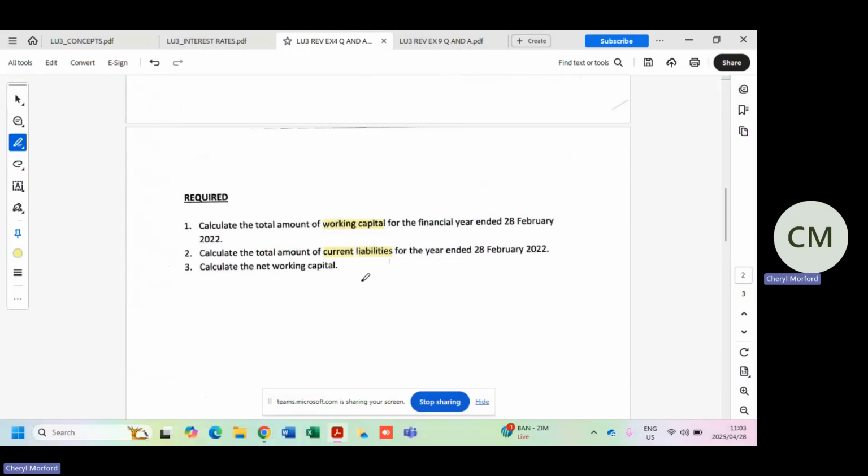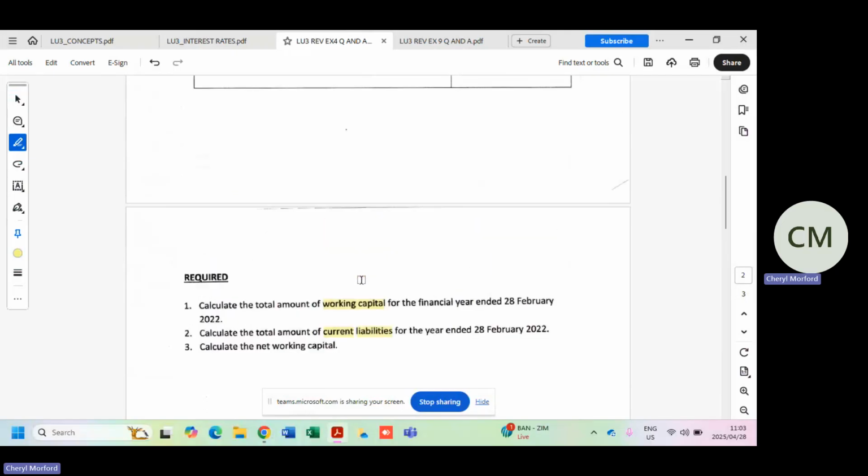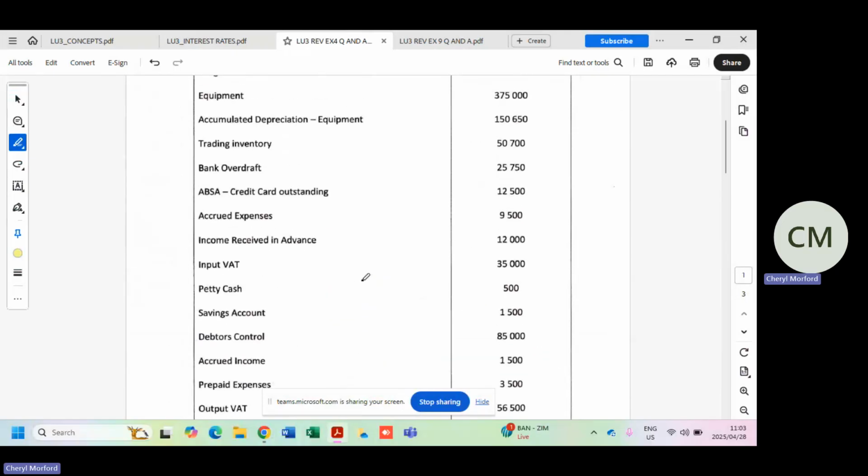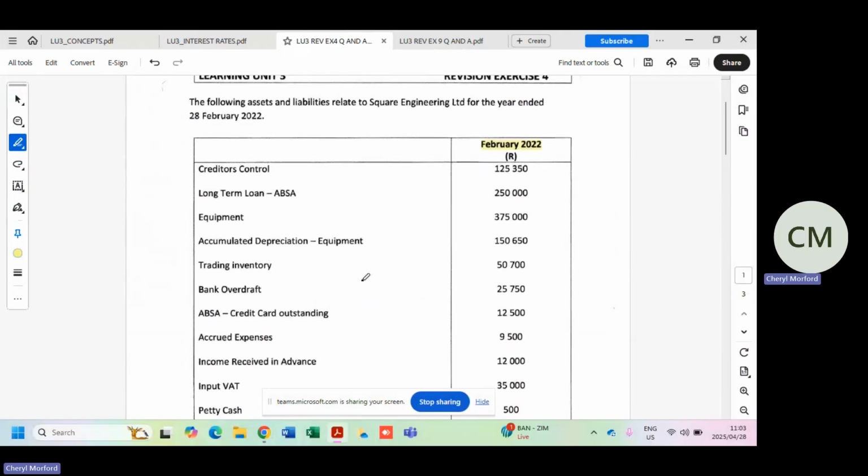So to be more efficient, I'm just going to go down the list here, and I'm going to indicate whether we're going to consider something or not, and if we are, whether it is going to be a current asset or a current liability. So the things we're going to be leaving out in this question is anything non-current.